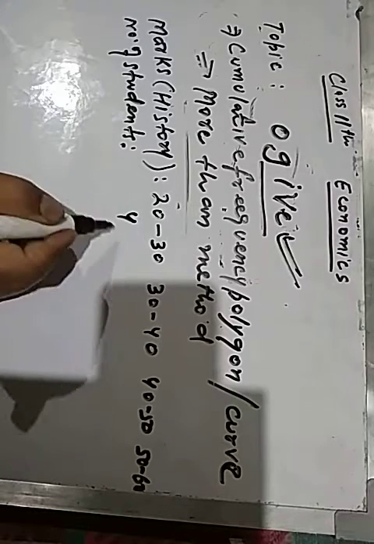And the number of students, which is also known as the frequency of the variable, that is marks in our example, marks in history, are 4, say 10, 8 and 2.